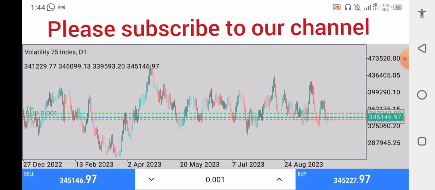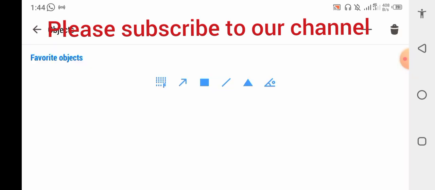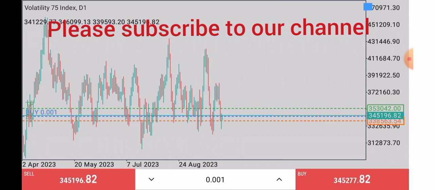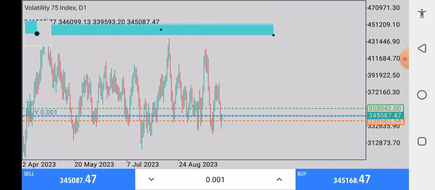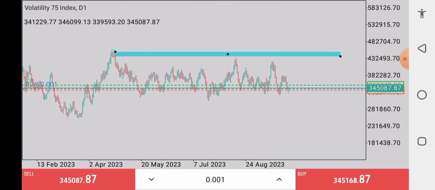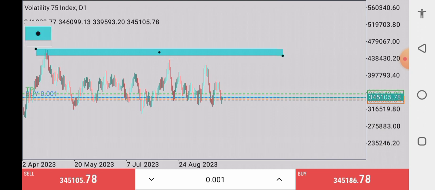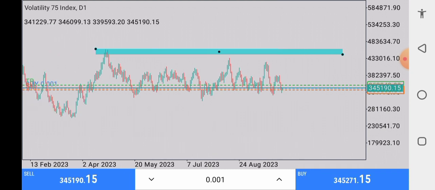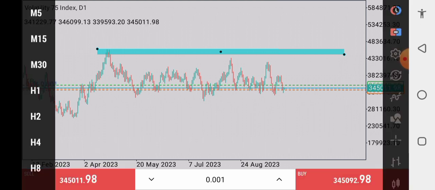We'll mark that level with our horizontal line. All right, so I'll draw this horizontal line there. So this is the most swing high at the top. Now we also come to the down section and look at the other swing low, and we mark that one too.